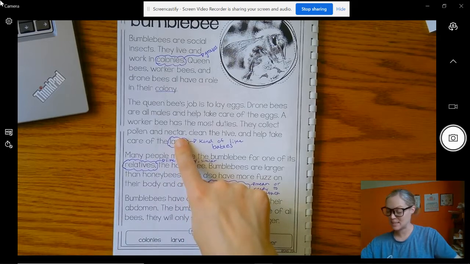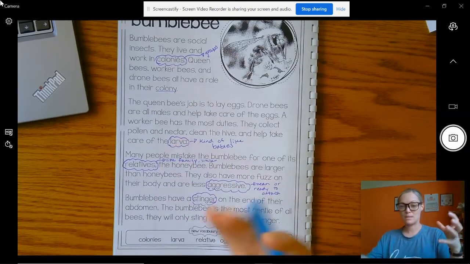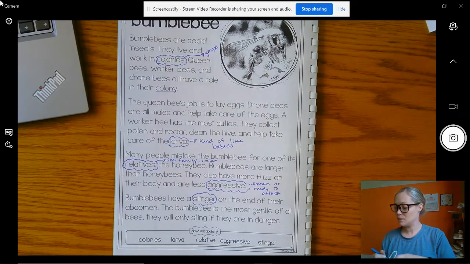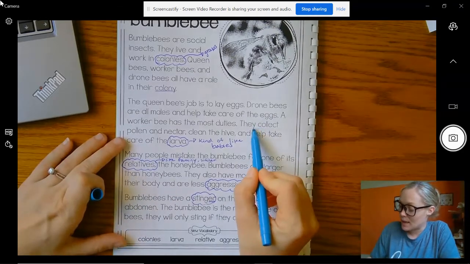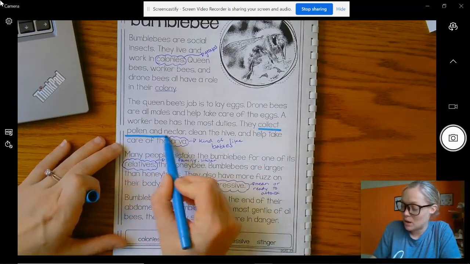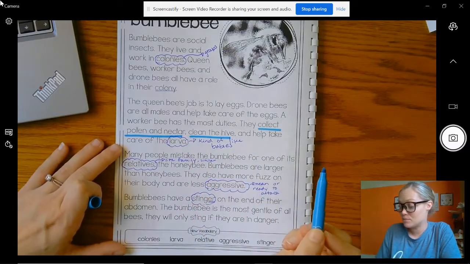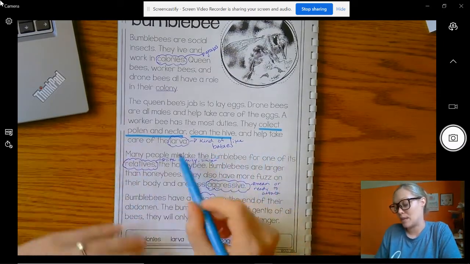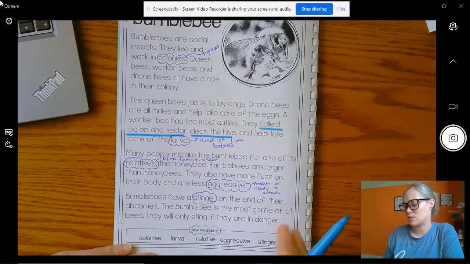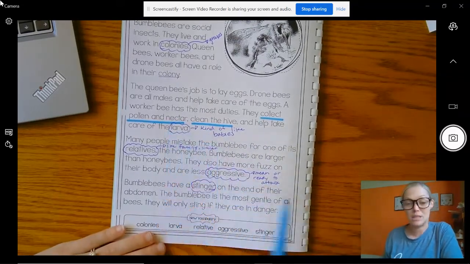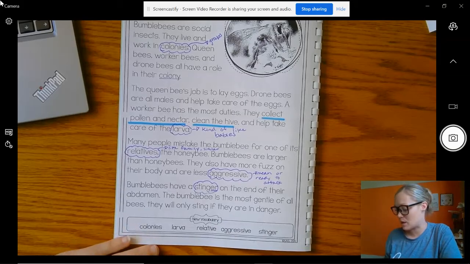Collect means like gather or to keep. They can clean the hive, and they can help take care of the larvae, which is something else that's common. So I'm just going to pick the ones that I didn't read in the other texts.